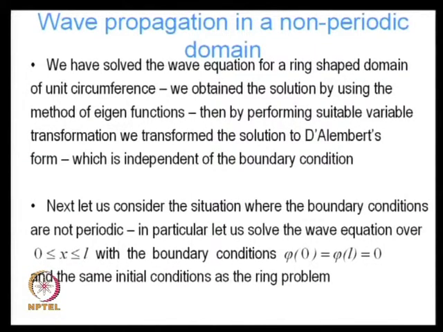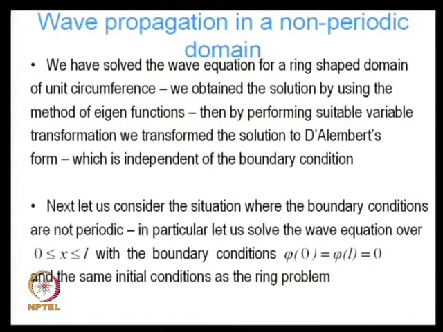I said that in the periodic case the boundary conditions do not appear in the solution because the initial conditions automatically satisfy them. But what happens now? Is the solution dependent on the boundary conditions? Let us take a look.